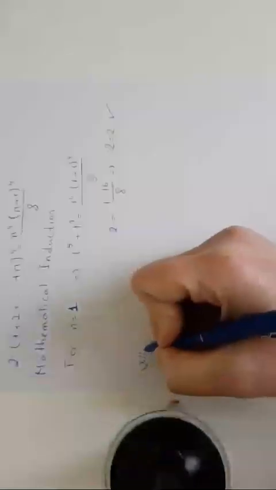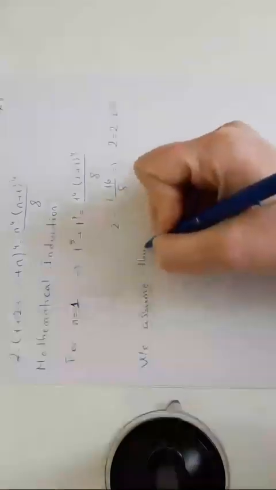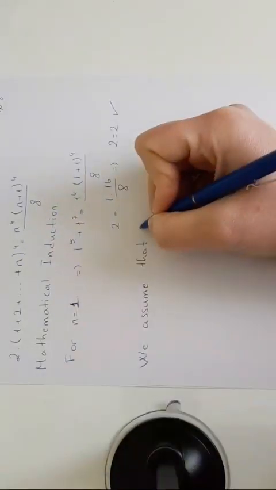So the second point of mathematical induction is that we assume that it is correct for n minus 1.